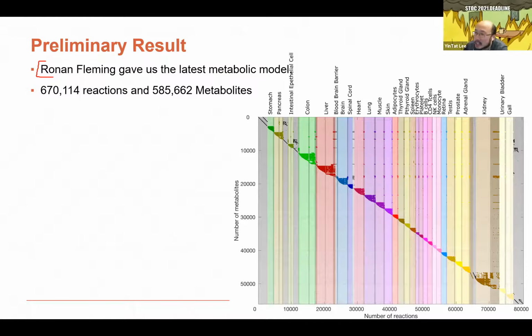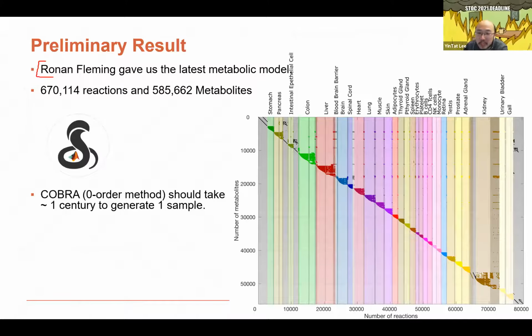They asked us how to sample from this polytope. The reason they asked is that the matrix looks like this. I drew it here. If they use their current software, which is based on something like KM1, a zero order method, roughly speaking, their software needs one century to get one sample.